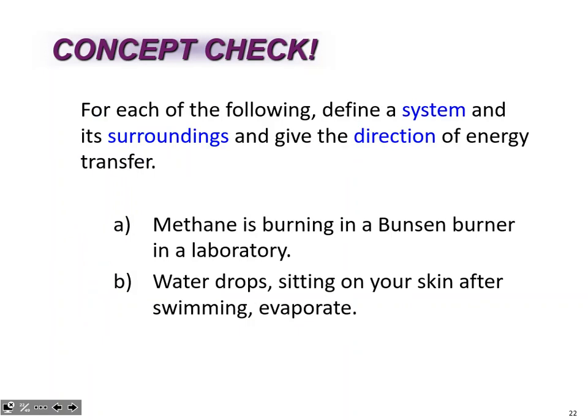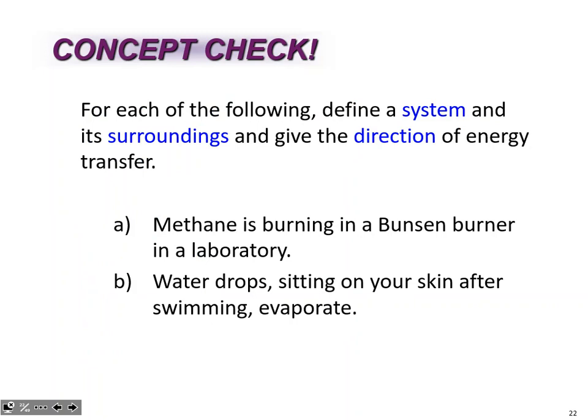Now, for each of the following, define a system and its surroundings and give the direction of the transfer. Take a look at that. Discuss. Try to think about it in terms of chemical reaction here. So, for A, which one is the system? Methane.